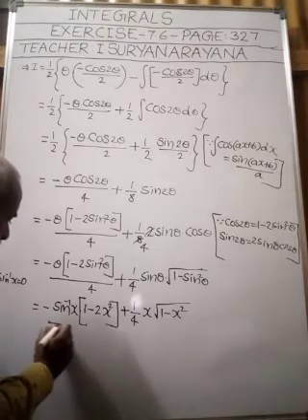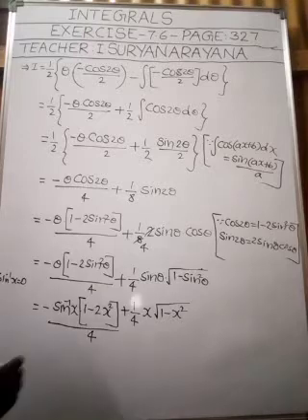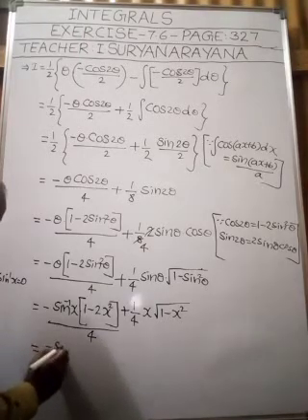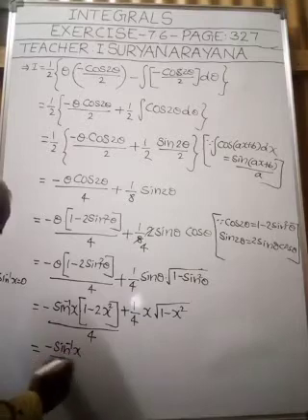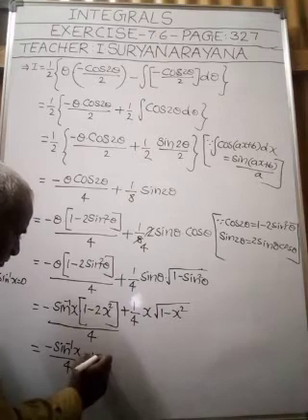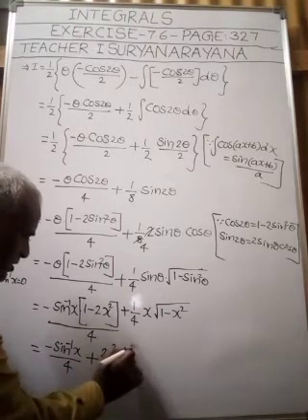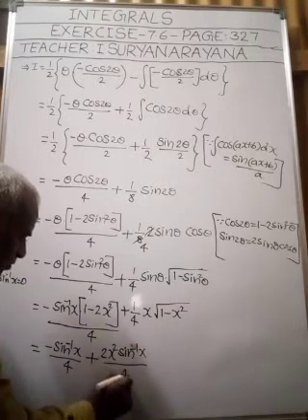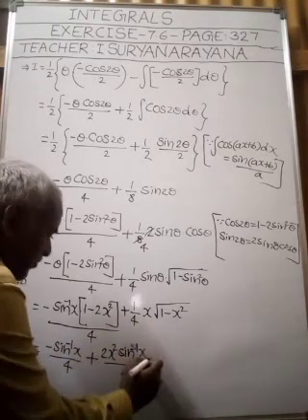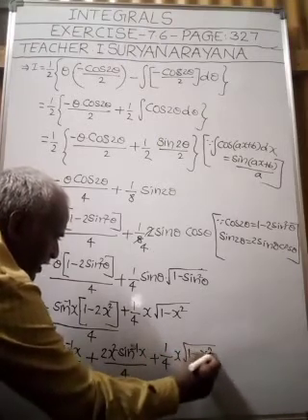This whole divided by 4. Now let us simplify these terms. That is equal to minus sin inverse x by 4 plus 2x square sin inverse x by 4 plus 1 by 4 x root of 1 minus x square.